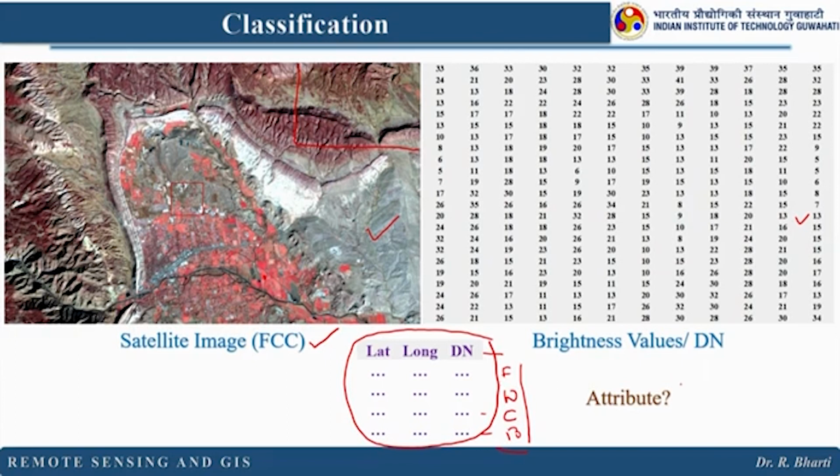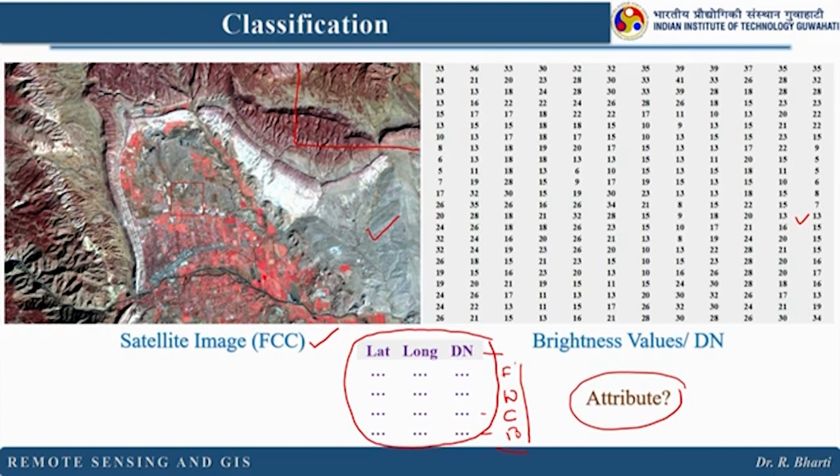Here I want to highlight one thing. This is known as attribute. What do we mean by attribute? Attributes are the information associated with your unique ID. Let us assume that this latitude and longitude is the unique ID, because that is not going to change.